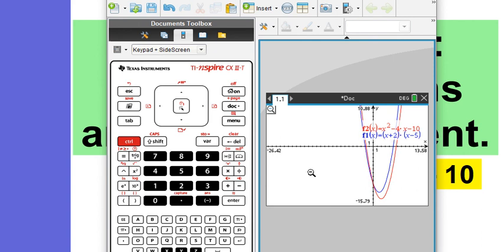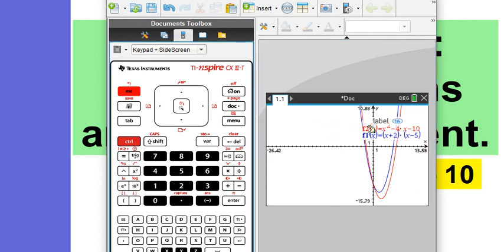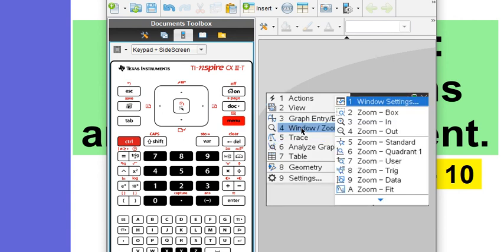So when I zoom out, notice the red parabola crosses the blue somewhere down here. So I know that there is actually a point of intersection.